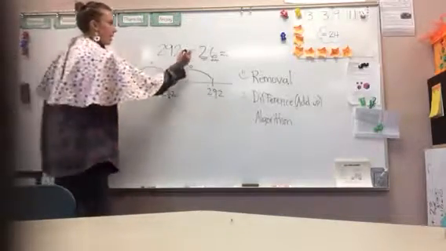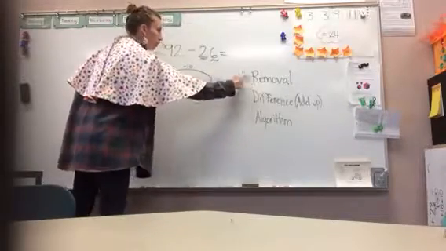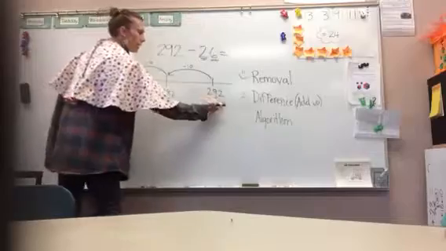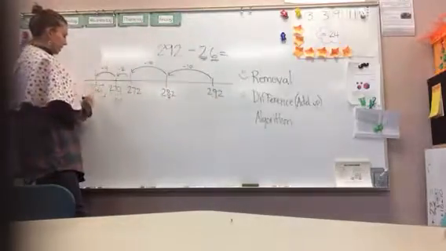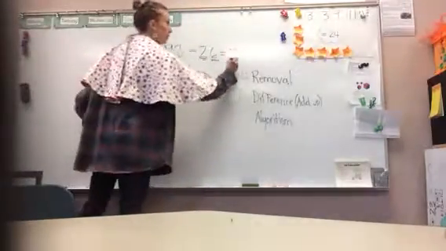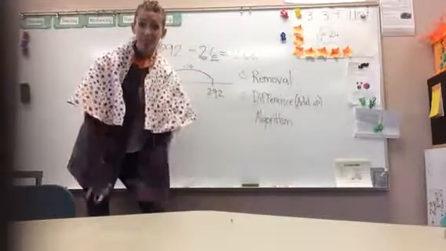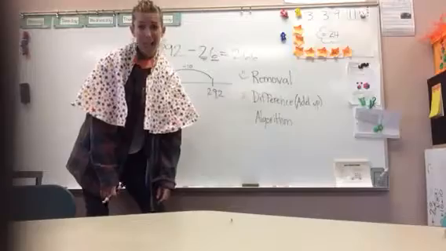And there it is. Now I have removed 26 from 292, and I arrived at 266. That's how many pages I still have left to read. I told you it was a lot.